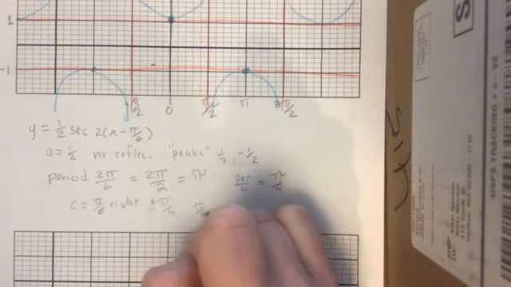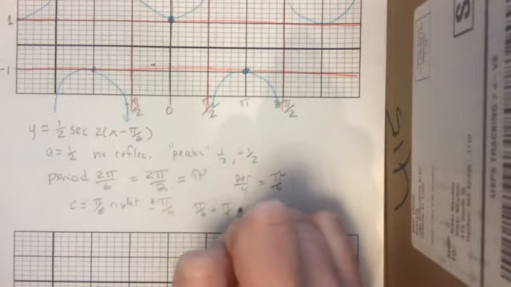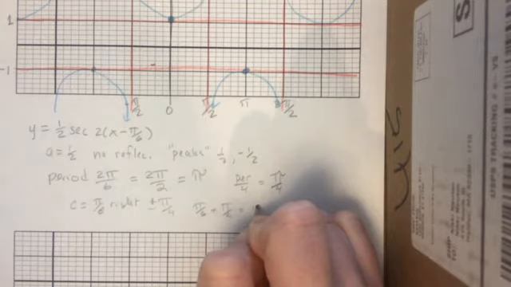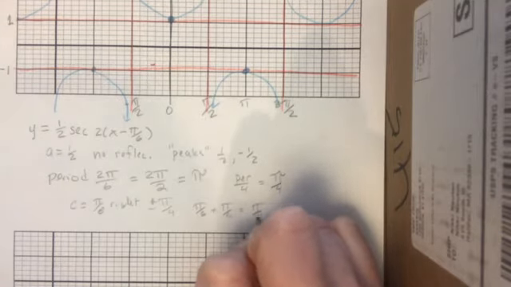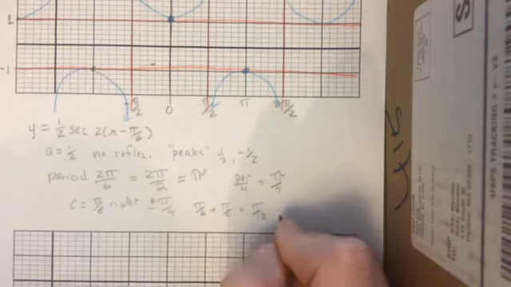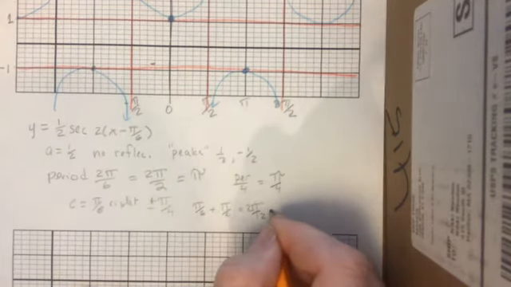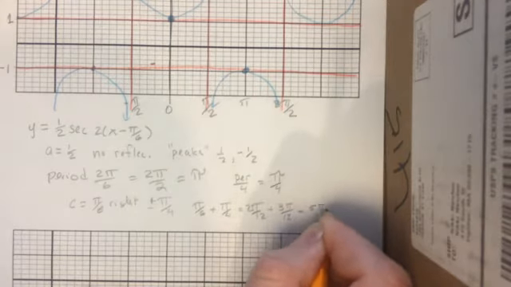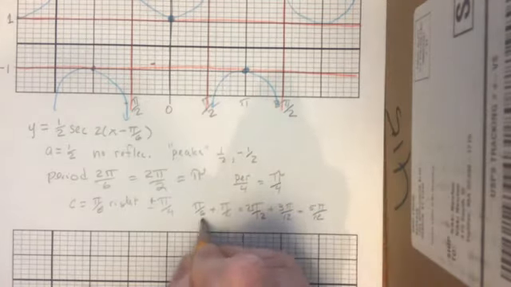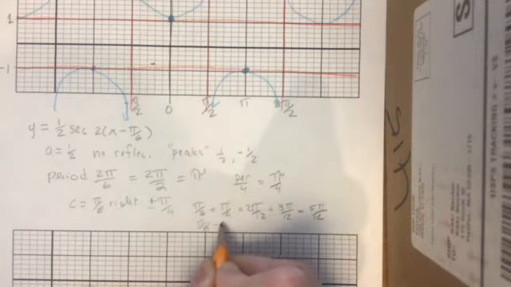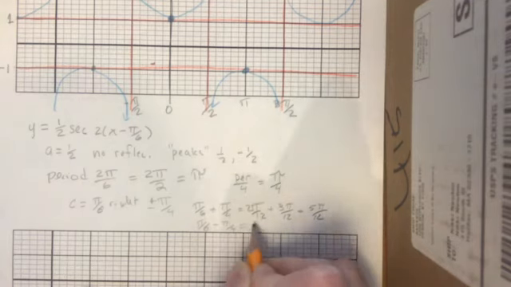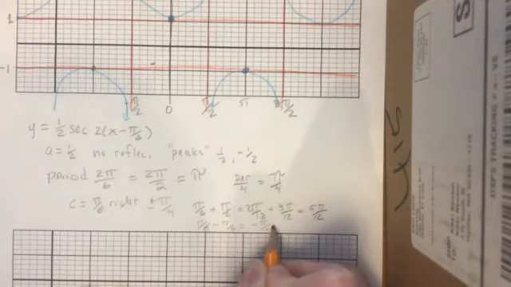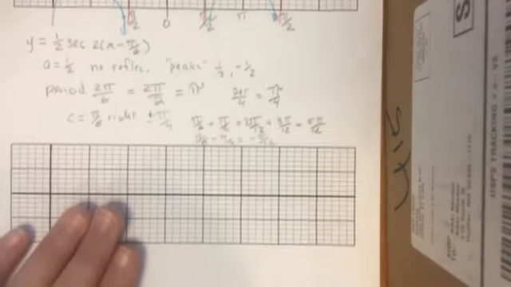So pi over 6 plus pi over 4 is 2 pi over 12 plus 3 pi over 12, which is 5 pi over 12. And then pi over 6 minus pi over 4, if you do the common denominator and work it out, turns out to be negative pi over 12. And then it repeats, but let's start our graph.